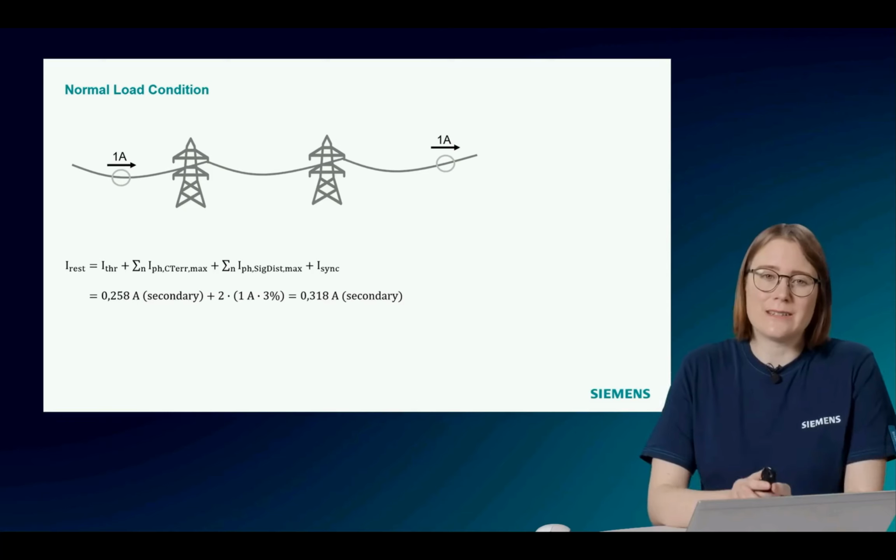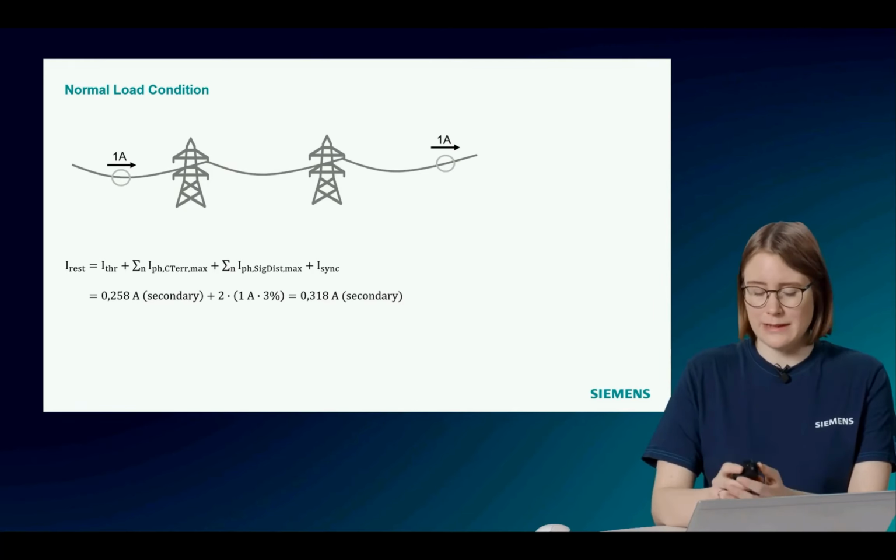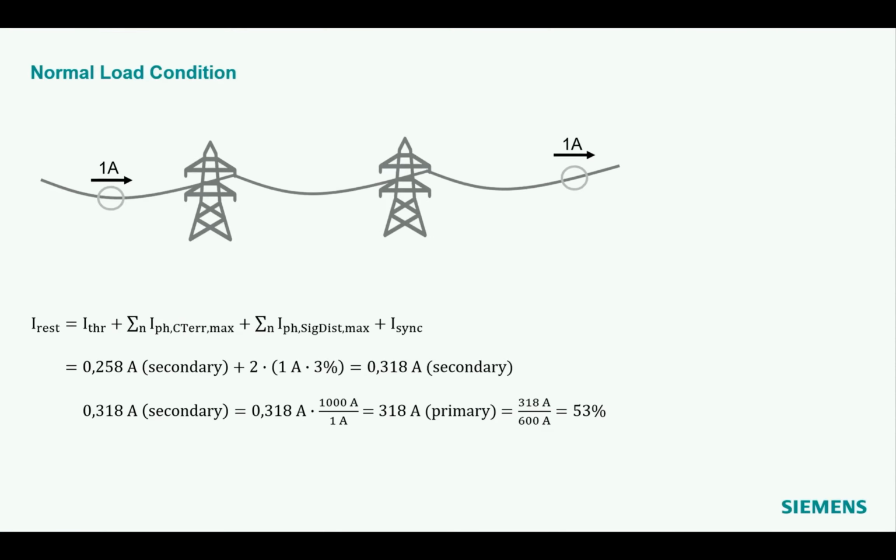The result is a value of 0.318 amp secondary. This secondary value must then be converted into a primary value with the ratio of the CT of 1000 amp to 1 amp, and the result is 318 amp primary.